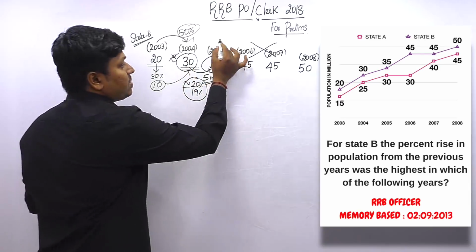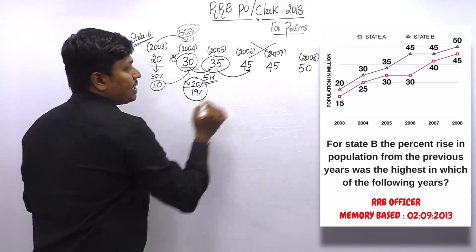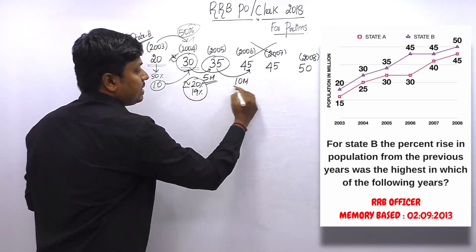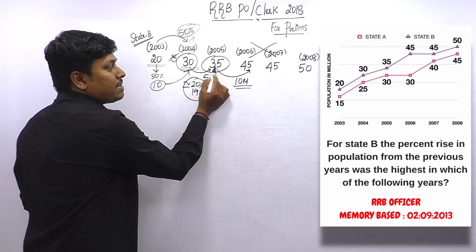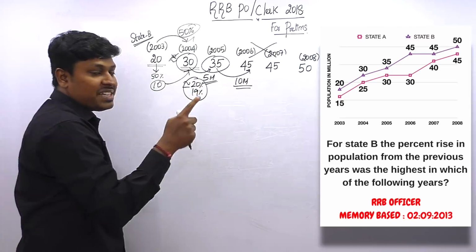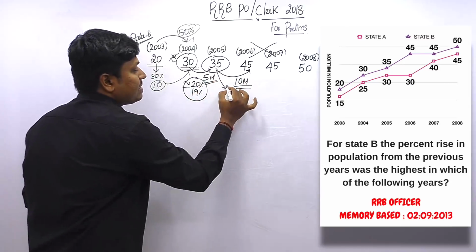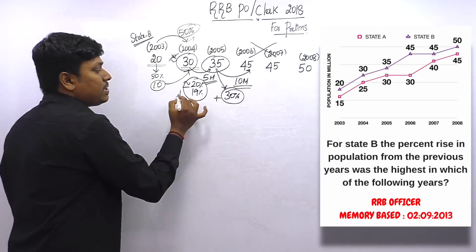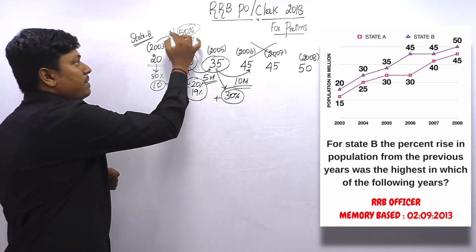Next is 2005 to 2006, 35 million and 45 million. 10 million is increased, and here 10% will be 3.5, 20% will be 7, 30% will be 10.5. So we can definitely say that it is around a 30% increase. So here 19 to 20% increase, here 50% increase.